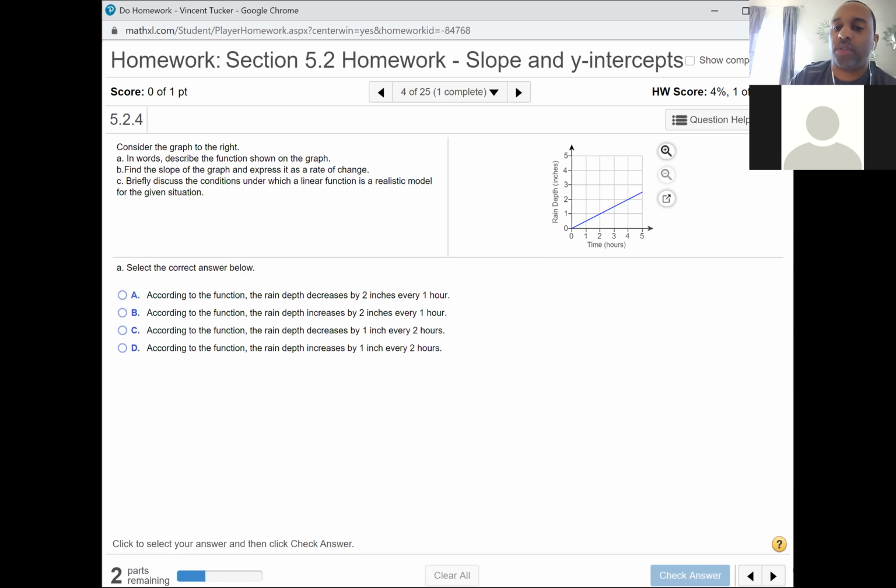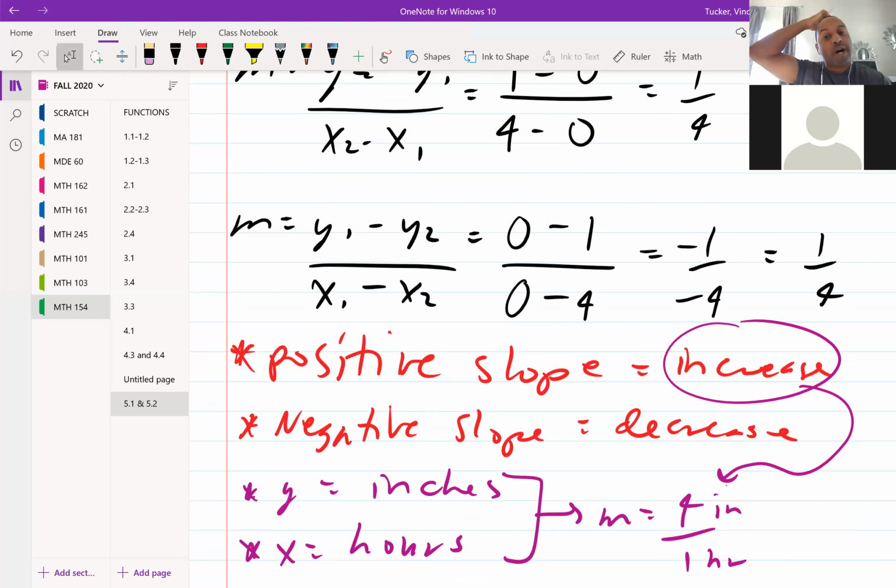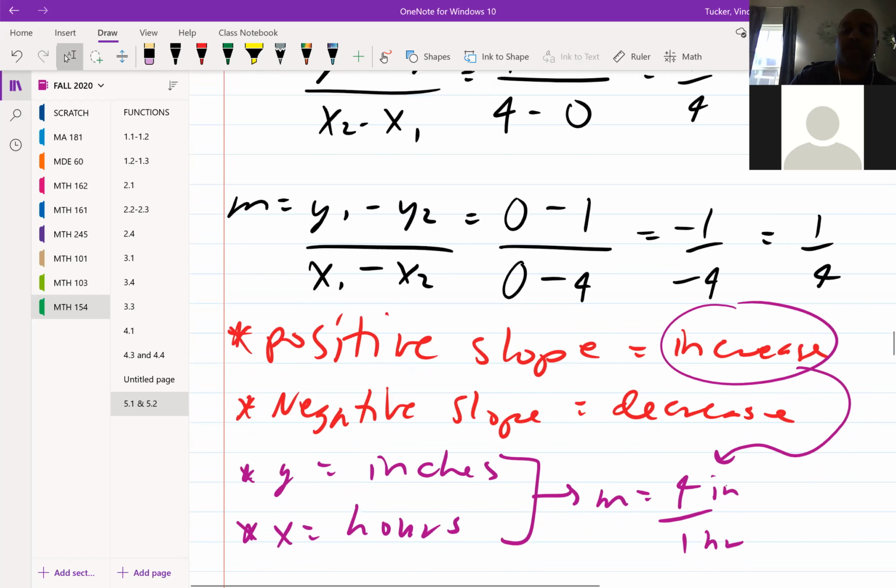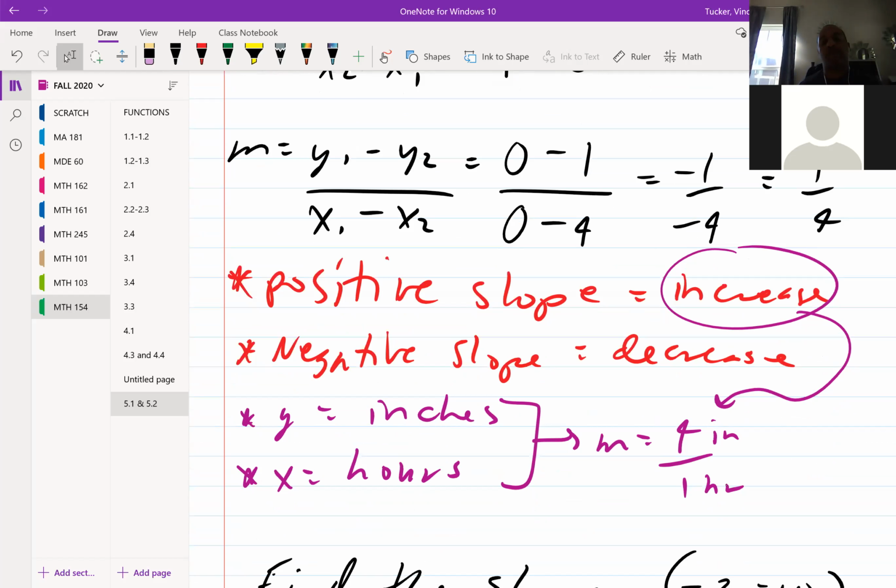So let's go back to our notes. One thing I want to point out, positive slope means increase, negative slope means decrease. So we've already eliminated 2 of our choices, because 2 of them talked about decreasing, 2 of them talked about increasing. So we cannot have a decreasing effect if we have a positive slope. So we have a positive slope here. So we're looking at the increasing options. And as I mentioned, Y was your inches. X was your hours. So that's inches per hour.